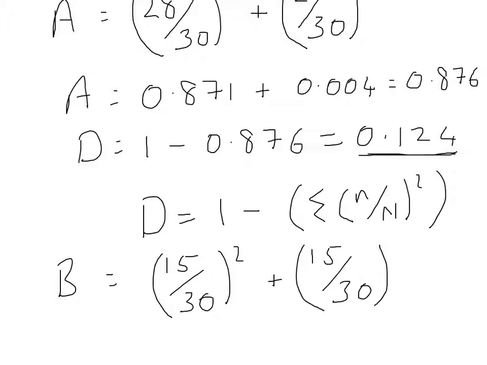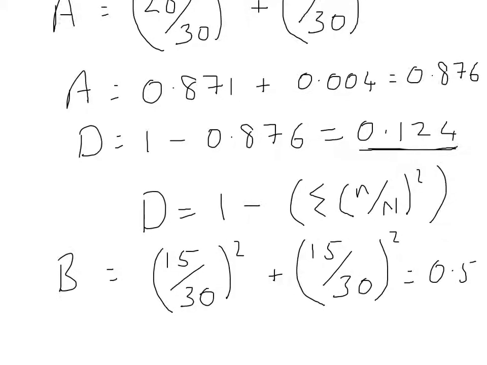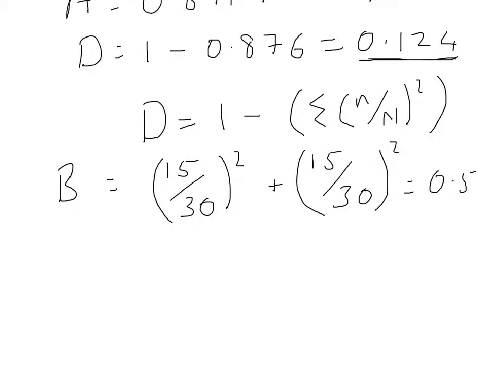These are halves, and a half squared is 0.25, and 0.25 plus 0.25 gives you 0.5. Then we do 1 minus that, which is a fairly easy calculation: 1 minus 0.5 equals 0.5.